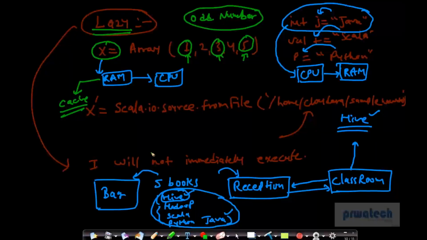In a nutshell, lazy helps me get only the elements which I want to store in RAM or process in CPU. I'm not unnecessarily taking all the input and sending it to CPU and RAM. This is an optimization area. This is not a code writing area.